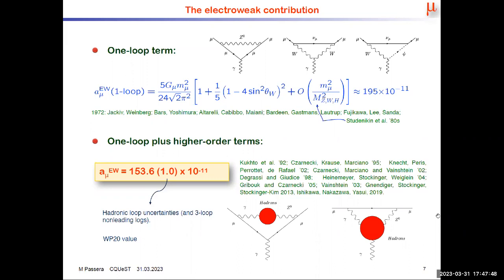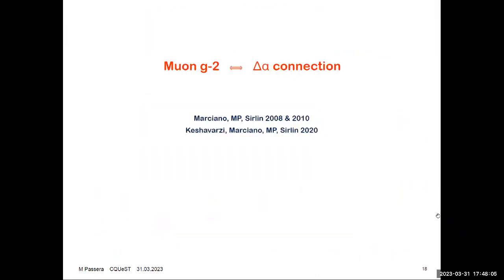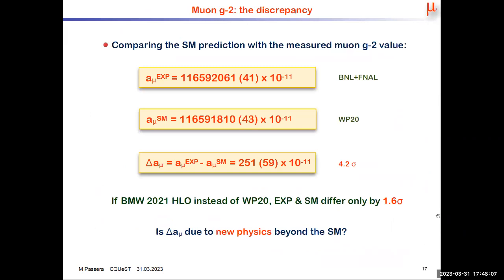One thing we were chatting about just before the talk, having coffee: let's start from this slide. It tells you that the discrepancy, if it's there, has a value of 251 times 10 to the minus 11. Let's assume this is confirmed.